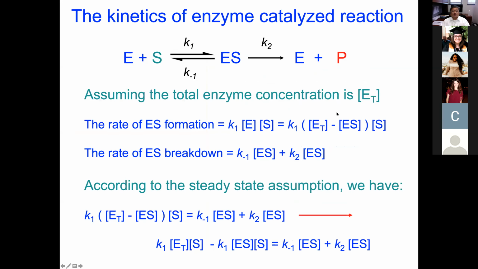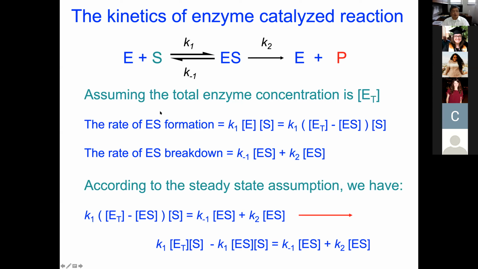So now let's see how we derive the equation to describe the velocity of this enzyme catalytic reaction. This is a simplified form. We ignore the reaction between product and enzyme to form ES. And each step of the reaction, we can describe as we describe a simple first order reaction.